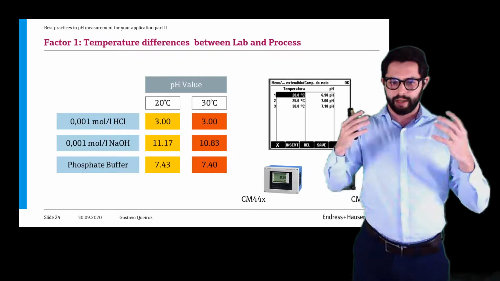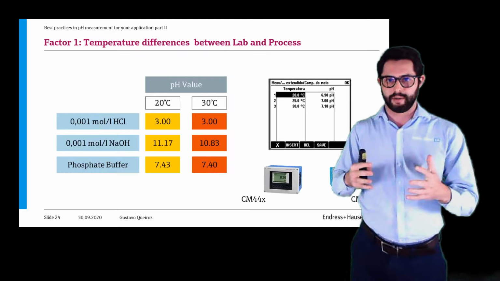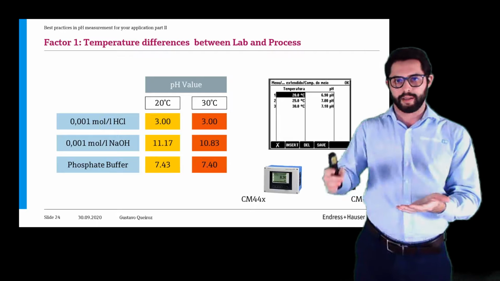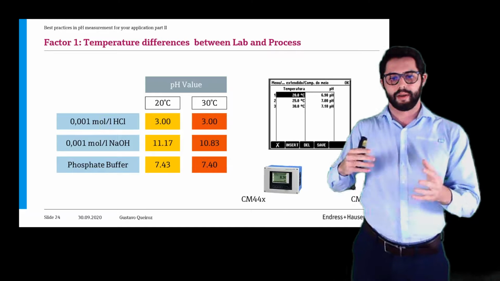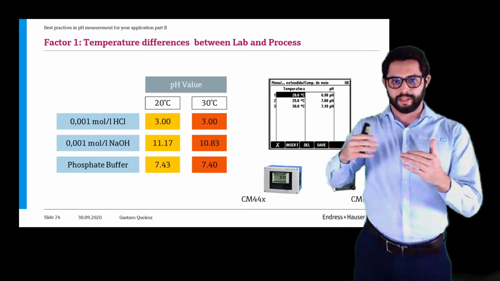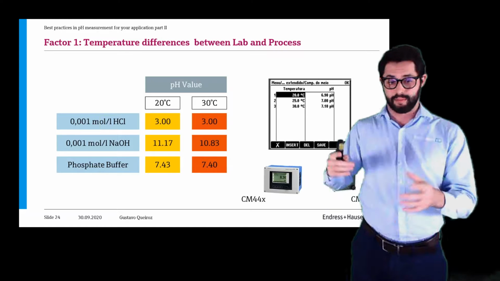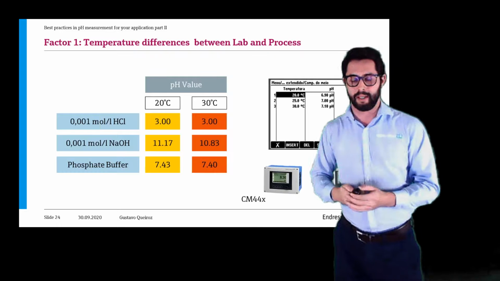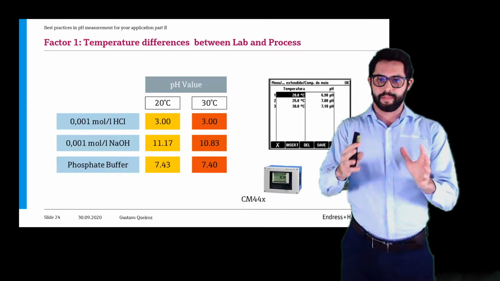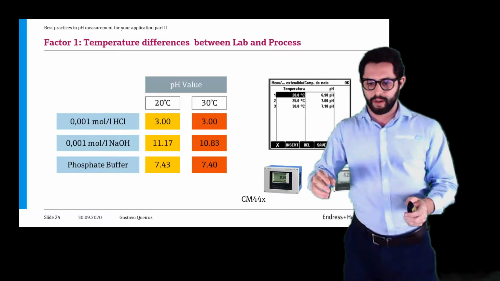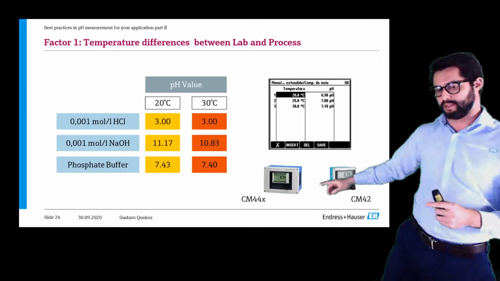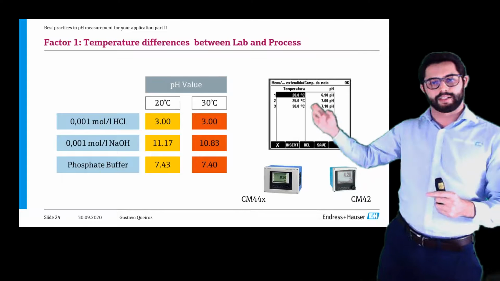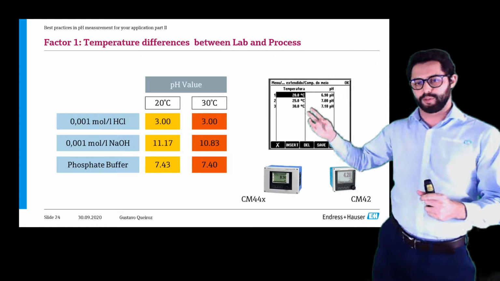And always have in mind that the pH measurement is based on a log scale. So whenever you have one pH unit variation, your H+ concentration varies 10 times. So half a unit, 0.3, is often a very significant change. And to help you minimize this kind of problem, all Endress+Hauser transmitters, such as the CM44X and the CM42, have the possibility to compensate.